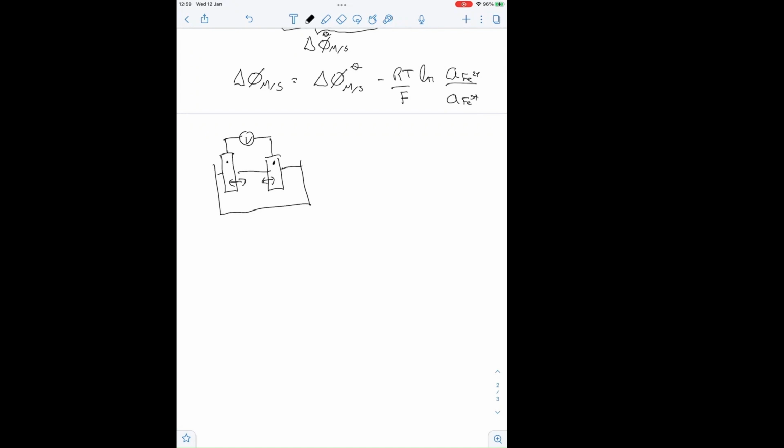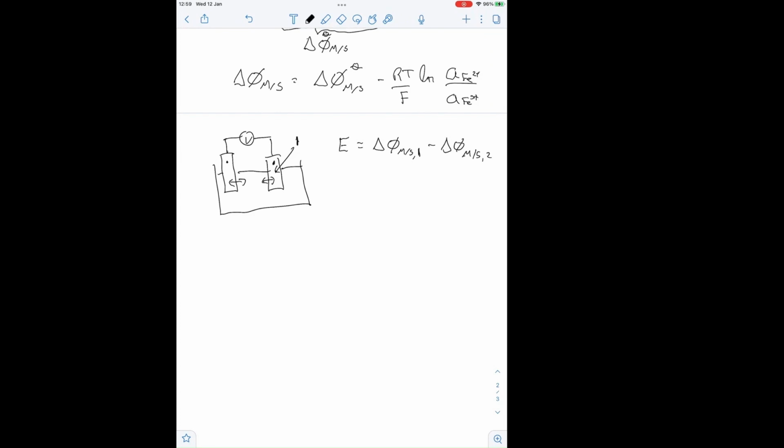Okay, I've got to measure a potential or electromotive force, E, and that's going to be delta phi metal surface across interface 1, and by convention, interface 1 is on the right-hand side, minus delta phi ms of interface 2.